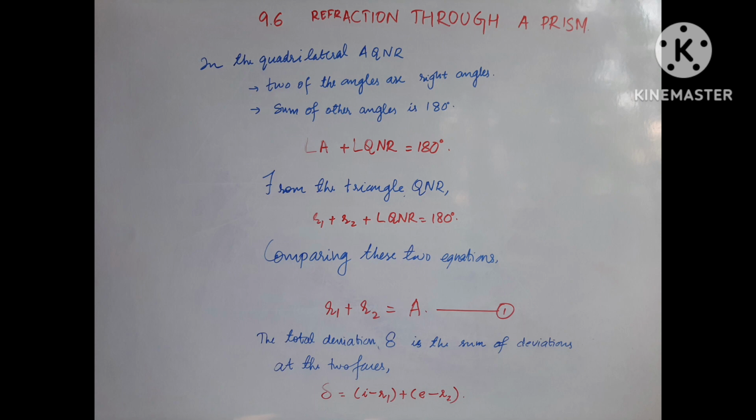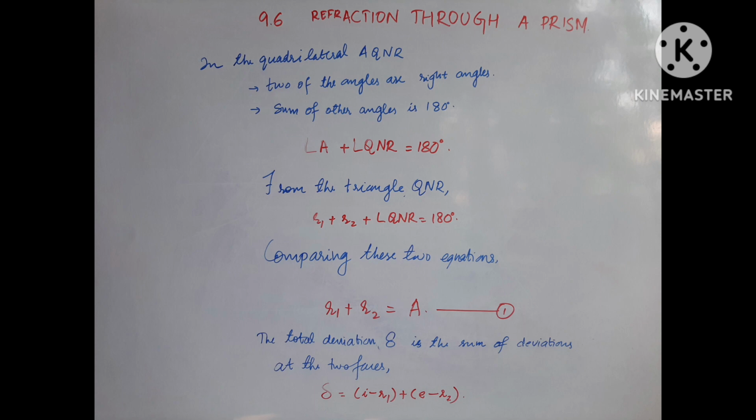This is our first equation. We can consider the total deviation delta as the sum of deviations at the two interfaces. At the two faces, it deviates by I minus R1 at the first face and E minus R2 at the second face. The sum of these deviations is equal to delta, so delta is equal to I minus R1 plus E minus R2.